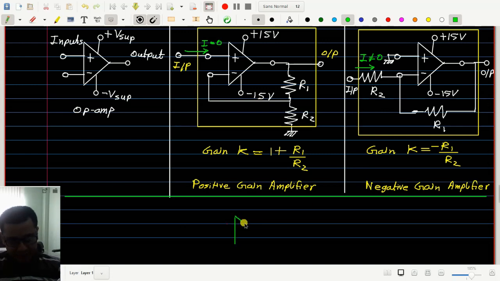Suppose I take a positive gain amplifier with gain equal to 2, where the architecture of this amplifier is like this. So this amplifier is made with this particular structure.